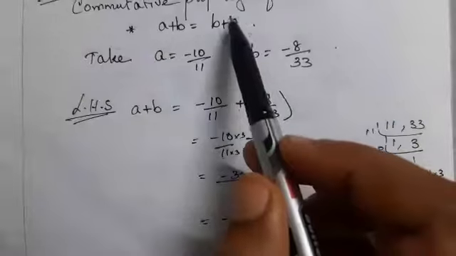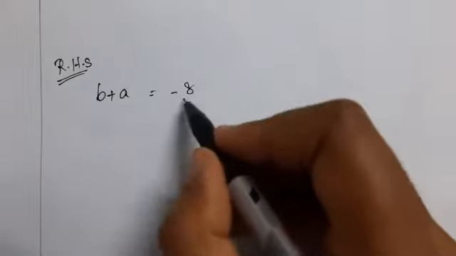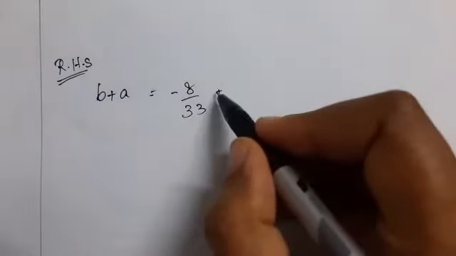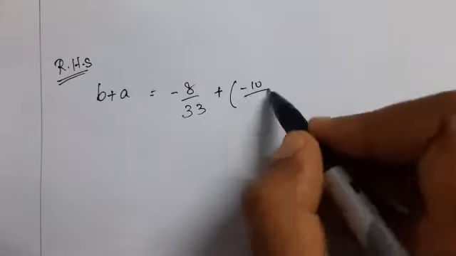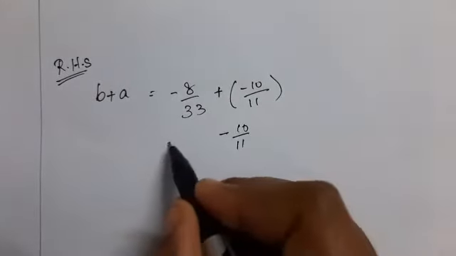Now find the right side, b plus a. b plus a is equal to -8/33 plus -10/11. Plus into minus, minus.